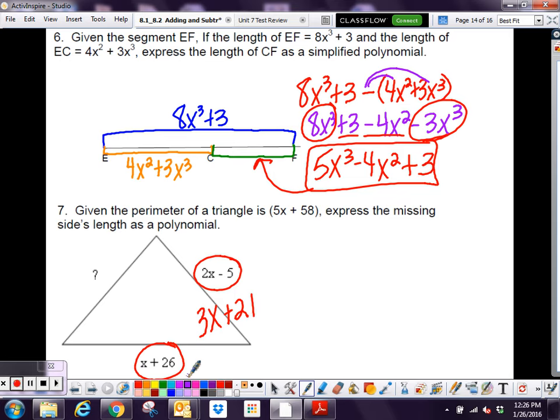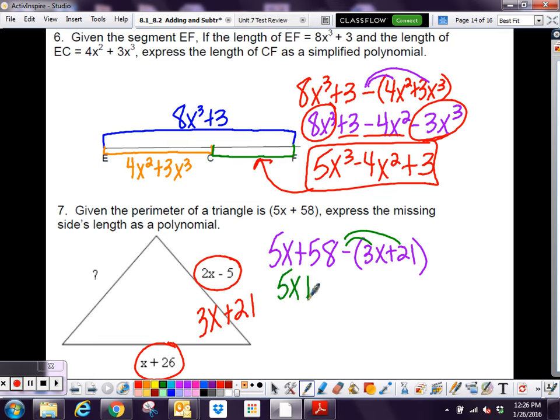So we need to take what the whole thing is, which is 5x plus 58, and subtract out the whole thing that we have, which is 3x plus 21. Okay, if I start working this out, I need to distribute that minus sign first. So I have 5x plus 58 minus 3x minus 21, and I combine my like terms.